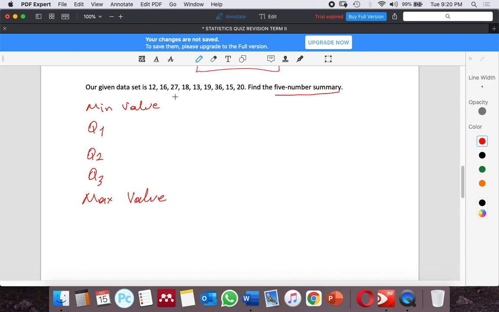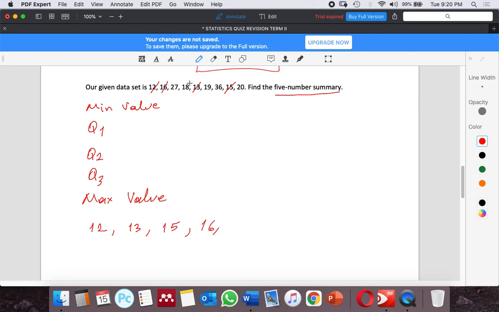So first thing is we have to order the given data. If I order, I'm looking for the minimum value here, which is 12. Not to make a mistake, let me cross over this. After 12, 13 is the number. After 13, 15. After 15, 16.